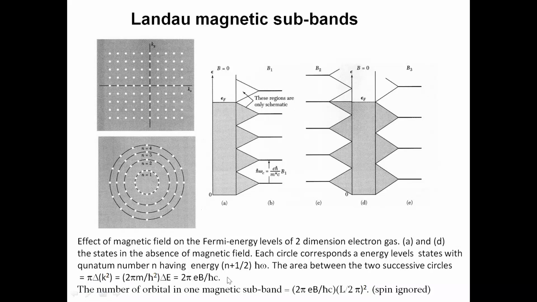Here all are constant except B. So if B is fixed, the area between the two circles is constant, and we can increase the area between two circles by increasing B. If we are increasing this radius, we are increasing this gap, which means we are increasing the gap between the two energy levels.